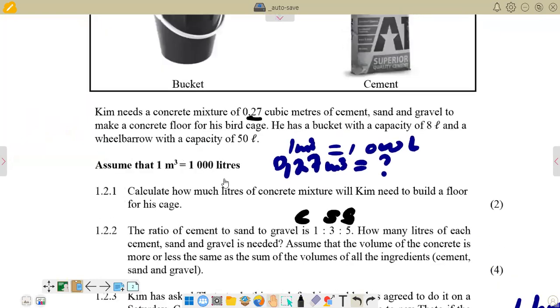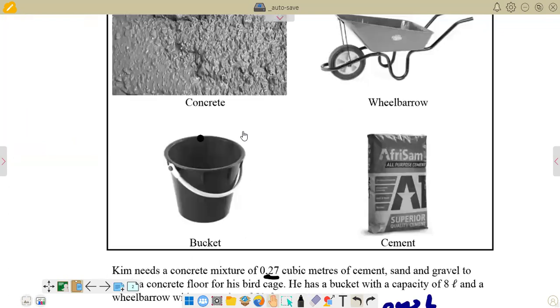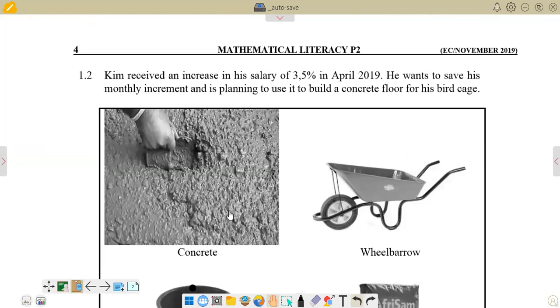You see that we've got a statement that reads, Kim received an increase in his salary of 3.5% in April 2019. He wants to save his monthly increment and is planning to use it to build a concrete floor for his bed egg. So this 3.5 increment is being saved, the whole of it.